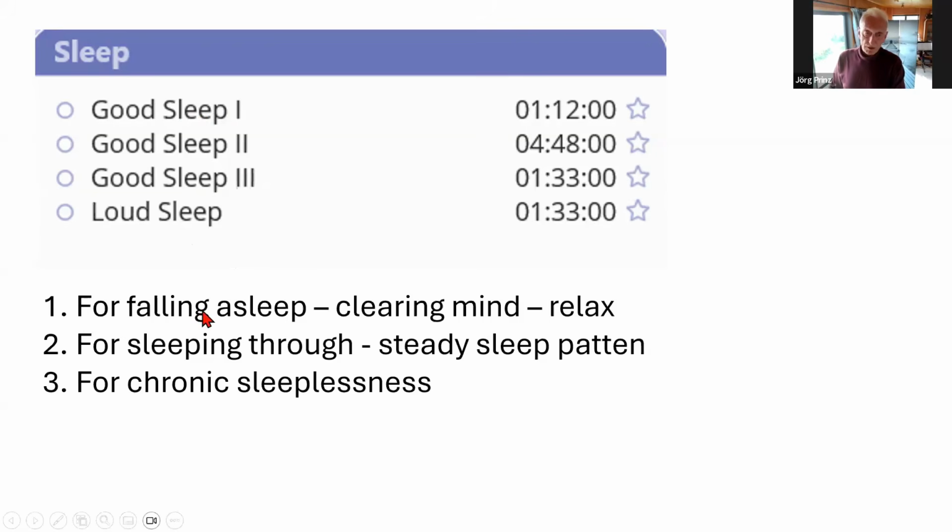The first one is for falling asleep, relaxes you so that your mind is clear. The second one is for sleeping through, gives you a steady sleep pattern, and that runs for almost 5 hours. And people who have got chronic sleeplessness, they should use Good Sleep number 3.